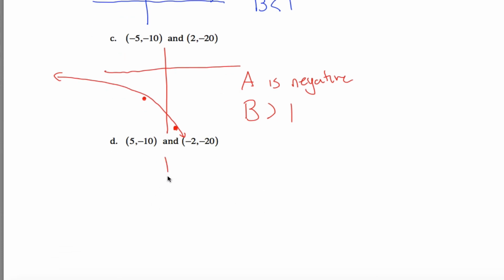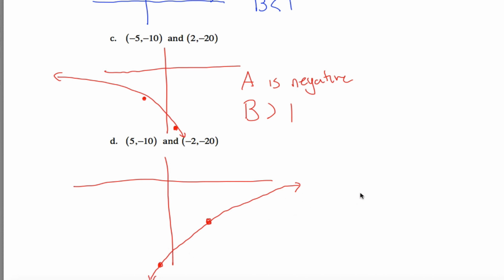And this last one here, let's see where the points are and what graph it implies. I have 5, negative 10. So I don't know, maybe over here. And negative 2, negative 20. So way down here. So you might have guessed that I'll give you each of the 4 scenarios, and sure enough, that's exactly what I did.